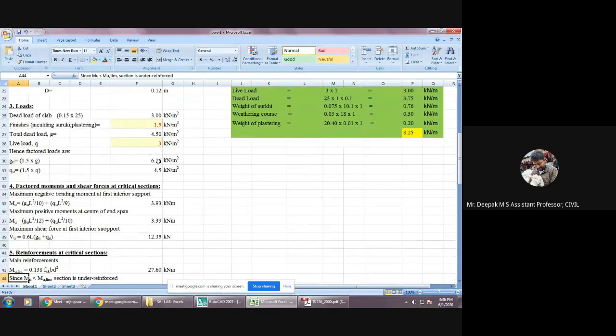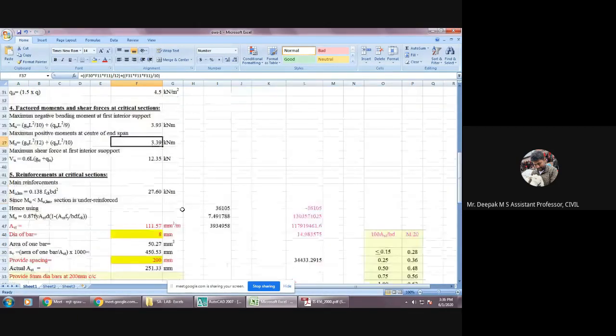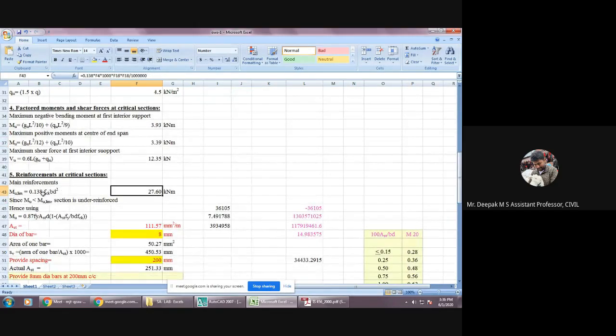When you add both moments, say 3.93 plus 3.39, it is not going to exceed your limiting moment. So it is less than your limiting moment, so it is an under reinforced section, right? This Mu is the summation of dead load moment and live load moment.